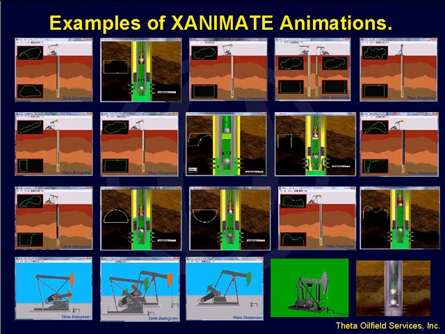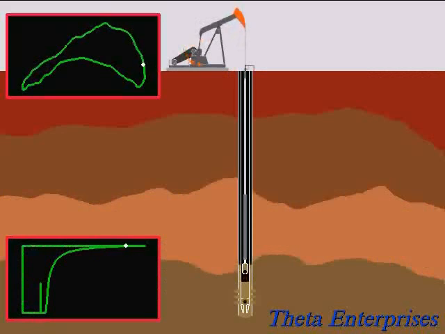Now fluid pound, of course, affects the pump, as we saw in the animation. But it also affects the surface. It actually affects the whole system. This is an animation that shows fluid pound and how it affects the surface card shape. In this case, we have a reflection that we sometimes see when there is fluid pound. The compressive wave travels through the rods.